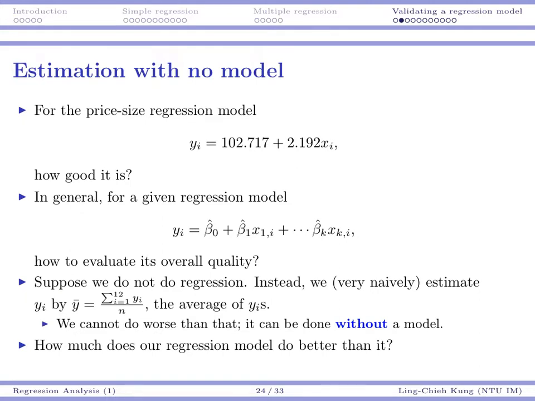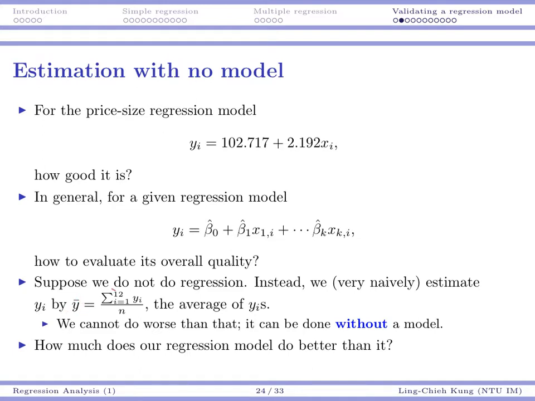If we don't have any model, then when someone asks you, given a house, how would you predict its price? The most naive way would be to simply use the simple mean as the predictor.